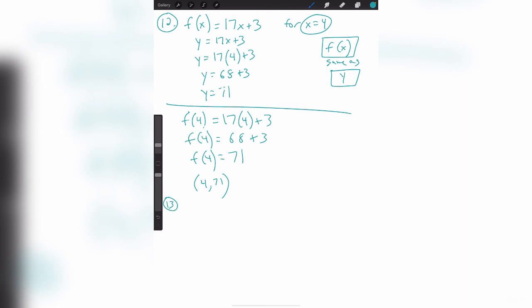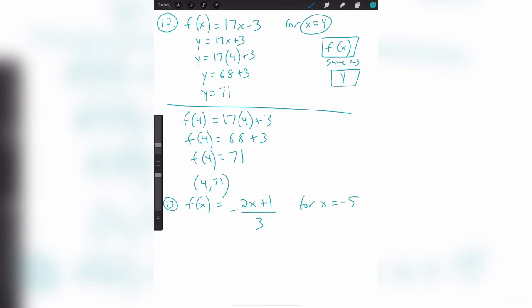All right, so 13, we'll do again. We'll say f of x, which remember is just like writing y, so don't be afraid of it. There's nothing to be scared of. f of x is equal to negative 2x plus 1, divided by 3. All right, and then it says for x is equal to negative 5.